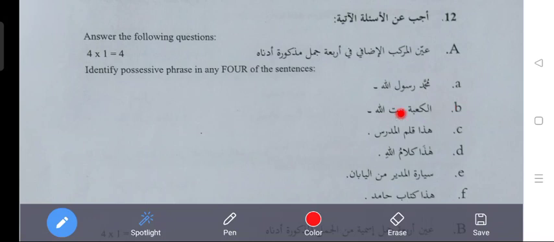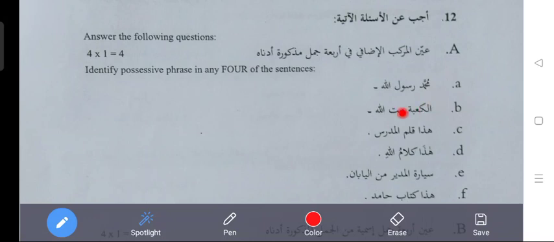Al-Kaabatu Baitullahi. Al-Kaaba is a noun, Bait is a noun, and Allah is also a noun. So we have to find two nouns where one does not carry al and the second may carry al. Here in the first noun itself alif lam is given, so we will leave Al-Kaaba.